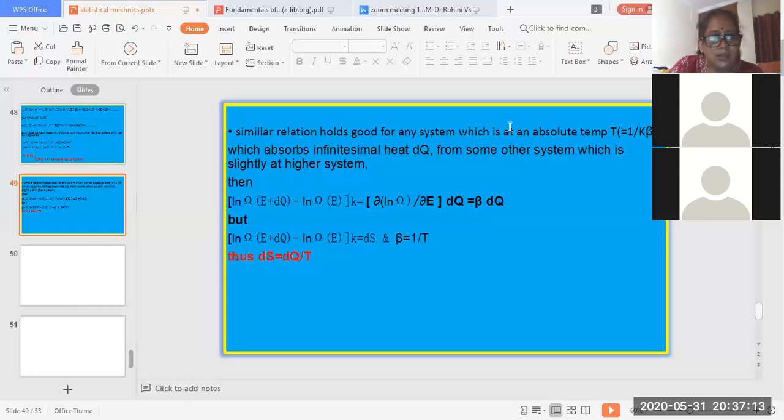So you can see here beta is 1 by T. So that's why this is dS. Just now I discussed it. It is dS. Okay. So left hand side is dS. You can see this is dq and beta is 1 by kT. I have taken k inside this. Okay. So as a result, this equation changes to dS equal to dq by T.